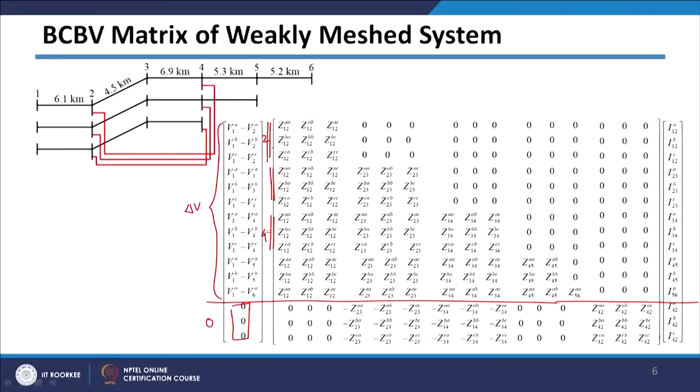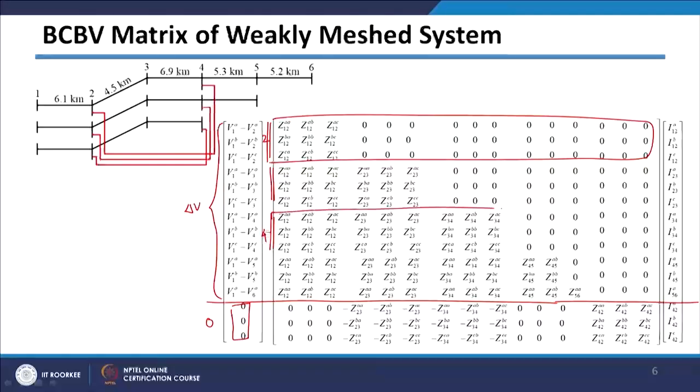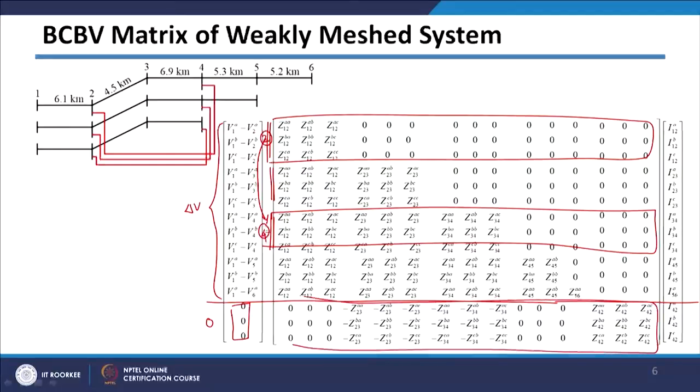So, if you subtract these rows from these rows, because actually your weakly meshed system is connected between 2 and 4, we need to subtract the rows corresponding to 4th bus from rows corresponding to the 2nd bus. So, after doing this we have got this part here, and I already explained this even during the load flow calculations.